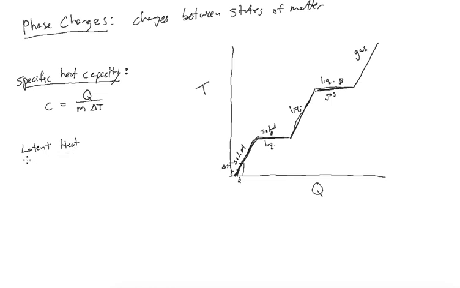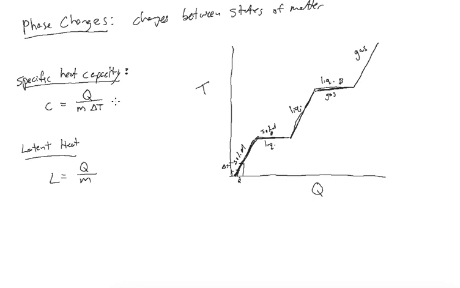There'd be a latent heat of fusion, between solids and liquids, and a latent heat of vaporization between liquids and gases, but ultimately it is L equals heat, the amount of heat required per unit mass to change phases, to go from solid to liquid or liquid to solid or liquid to gas or gas to liquid. It's basically that. It's the heat per unit mass. There's no delta T there anymore because there is no change in temperature. Okay, so that's latent heat and that's specific heat capacity.